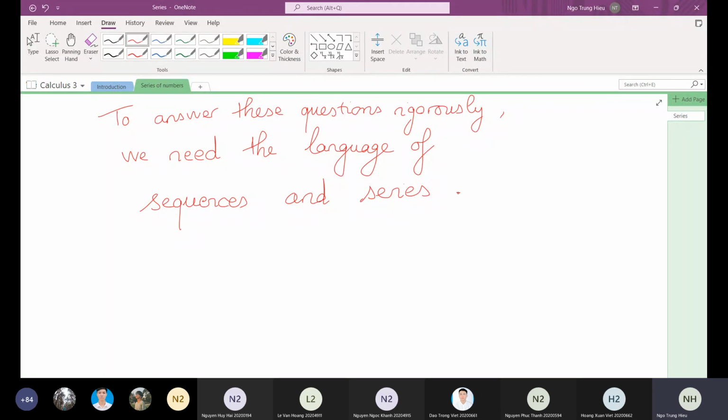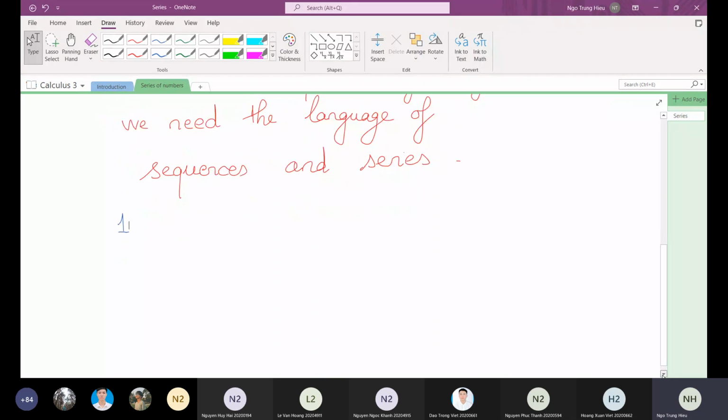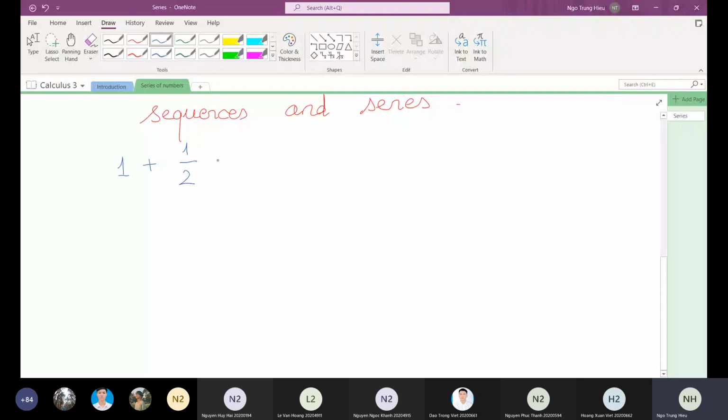All right, so when we study sequences and series, there are even more interesting questions, more difficult to answer. We see very interesting identities like this, right? 1 plus 1/2 plus 1/3 plus 1/4 and so on.